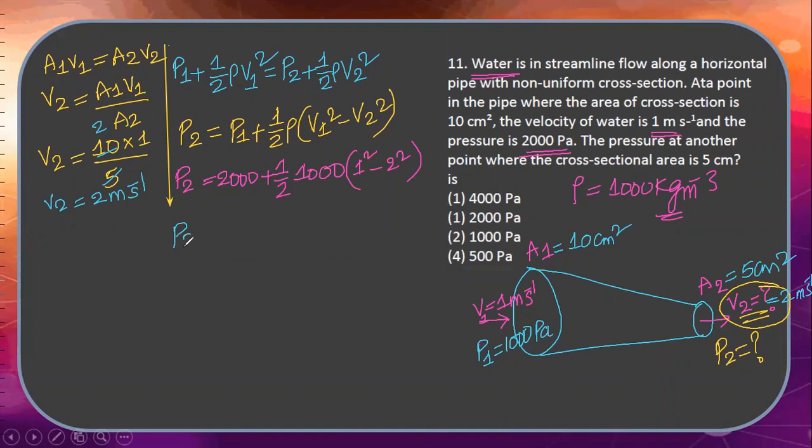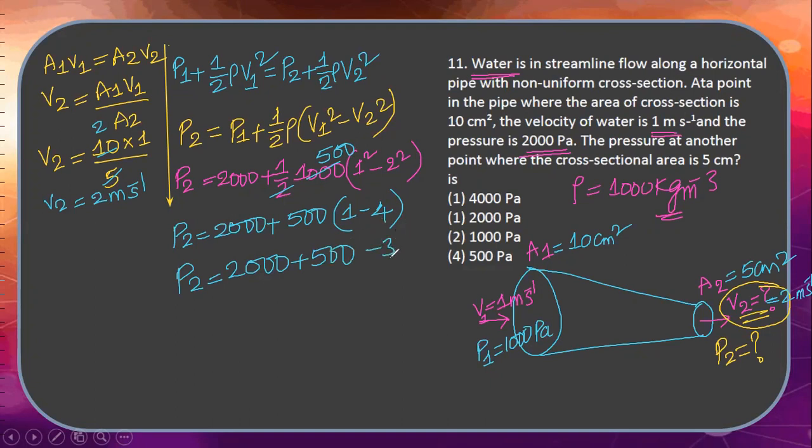Therefore, pressure P2 is equal to 2000 plus 500 into 1 minus 4, which is minus 3.